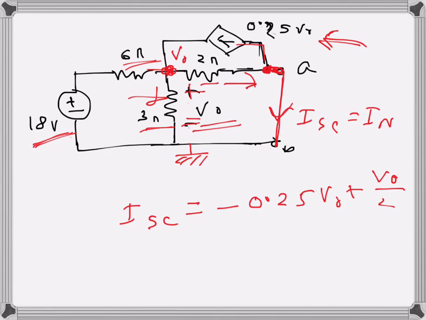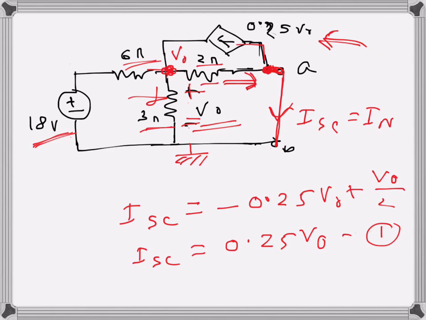So (V0 minus 0) divided by 2 is the current in this direction. So I can see that I short circuit is 0.5 V0 minus 0.25 V0. Here I get one equation, a relationship between V0 and I short circuit.